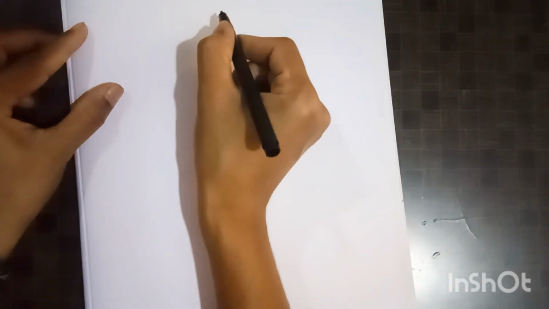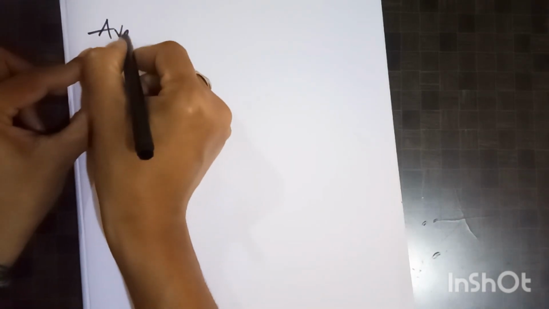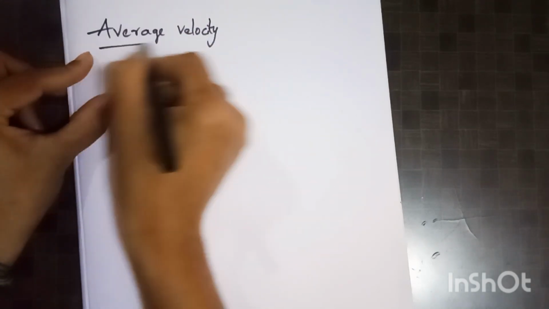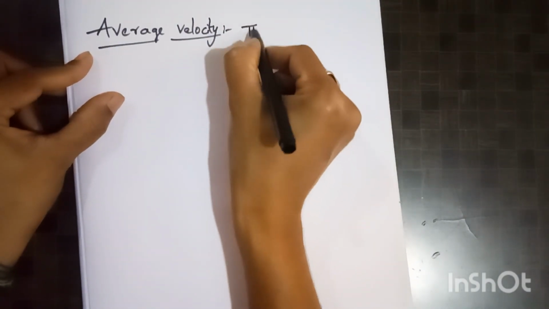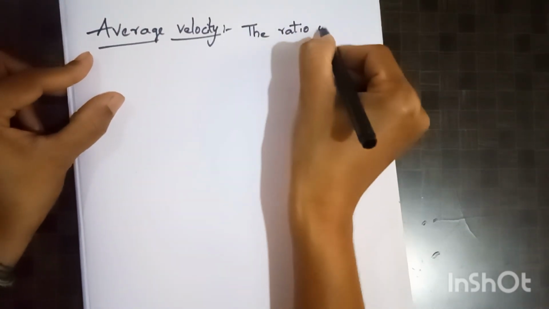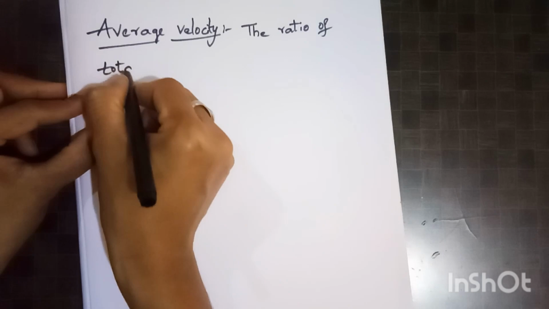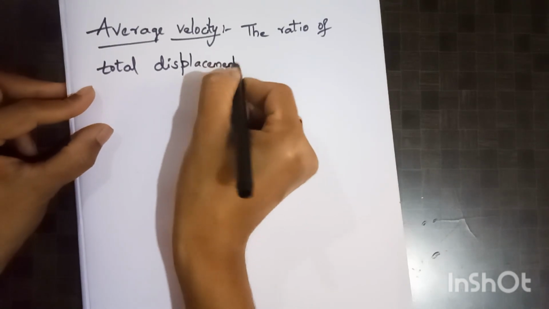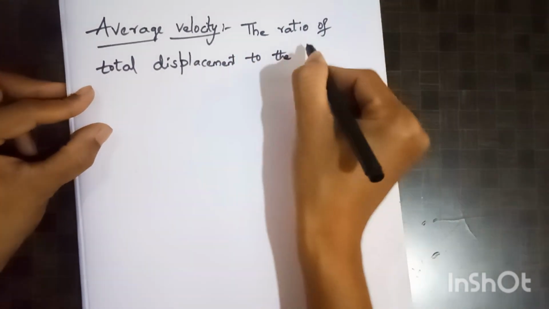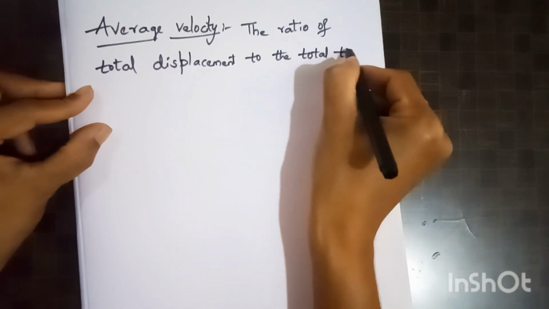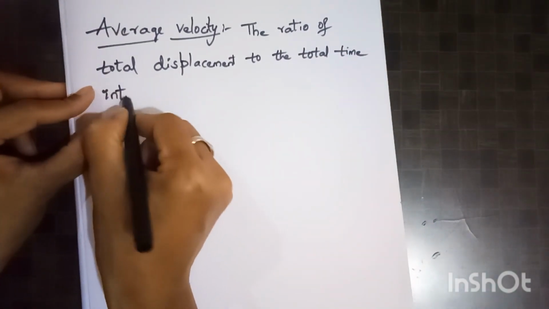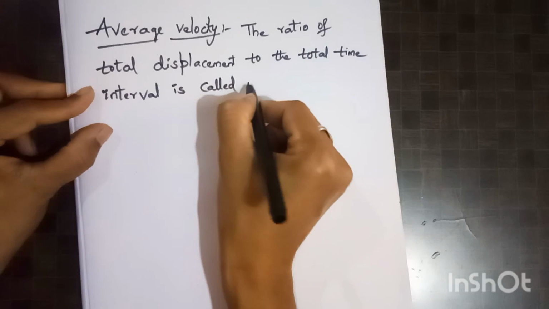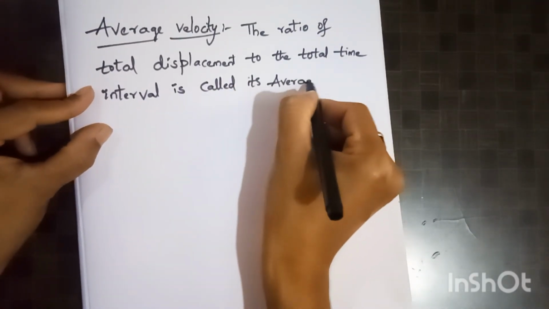So today we are going to discuss a new topic, that is average velocity. What is average velocity? The ratio of total displacement to the total time interval is called its average velocity.